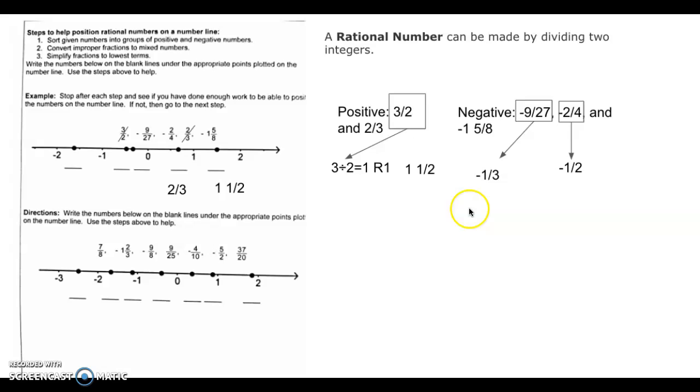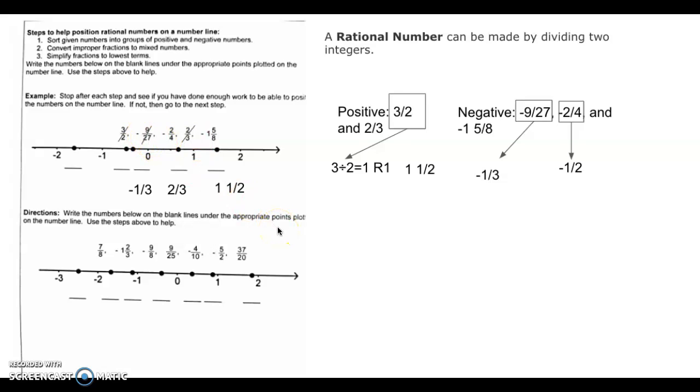If you cut up a piece of candy into 3 and you only get one piece, is that smaller than if you cut a piece of candy in half and you only get one part of that half? Yeah, 1/3 is smaller. So we put that one right here closest to 0. And then we cross out that number.